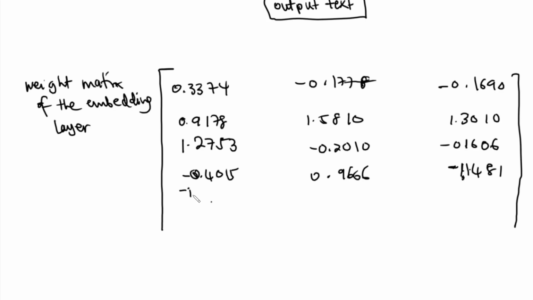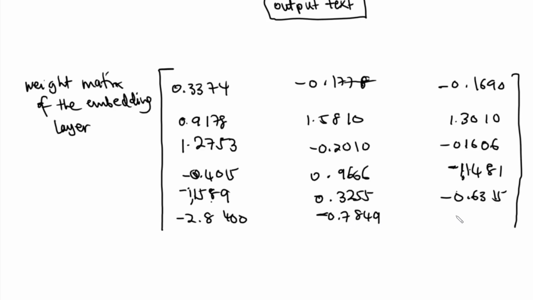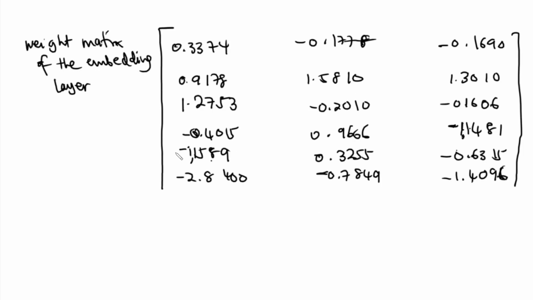Two more rows, and we should be close to explaining how this lookup is happening. 0.6315, and then the last one is minus 0.7849, and then here minus 1.4096. Perfect.